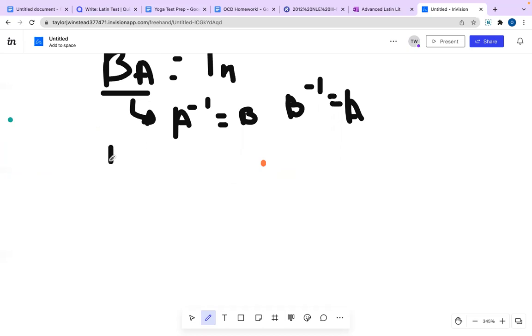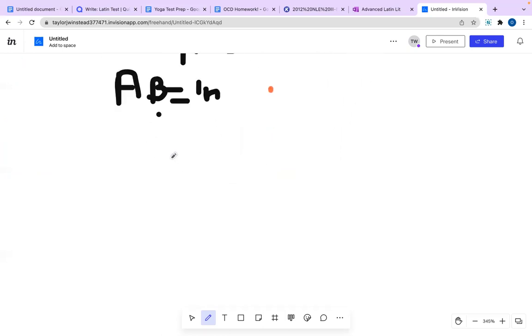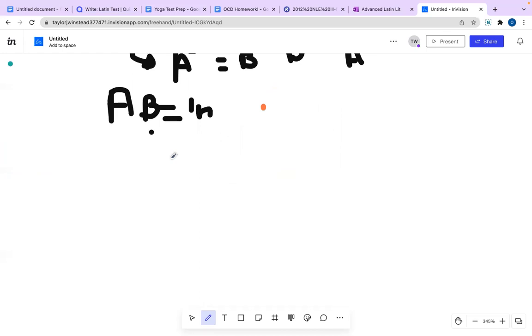The last thing we know is that A times B is also going to be the identity matrix. So we can prove this. From the basic definition, if A times B is the identity matrix, and B times A is the identity matrix, that means that they're inverses.